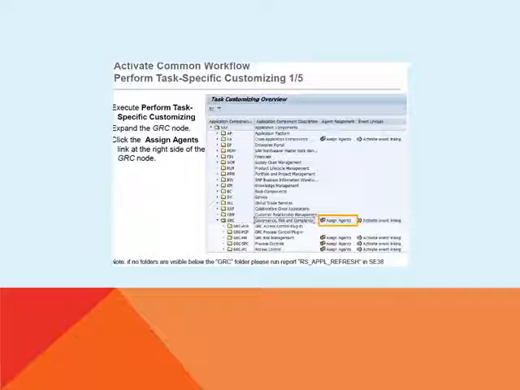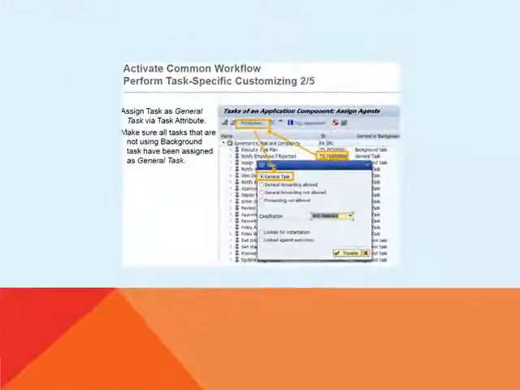Click on agents. Assign task as general task via task attribute. Make sure all the tasks that are not background tasks have been assigned as general task. See here, general task was empty at first, and it was not background and not general task.